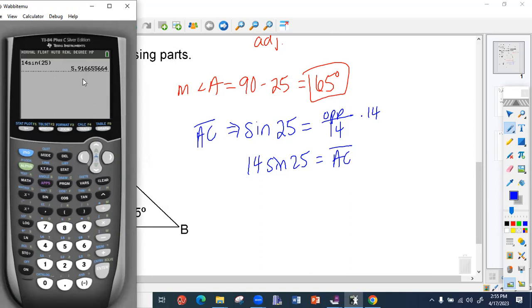So roughly the approximate value is 5.9 units. Okay, all right.